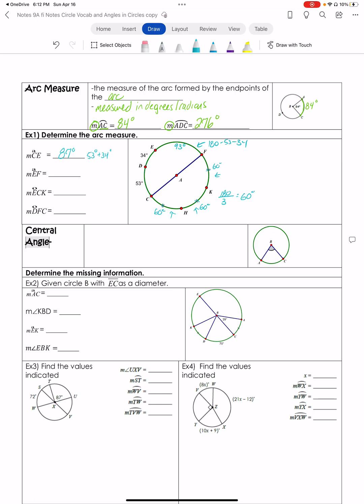The measure of arc EF, so from E to F, that's the 93 degrees. The measure of arc E to C to K is going to be the 34 plus 53 plus 60 plus 60, which is 207 degrees.